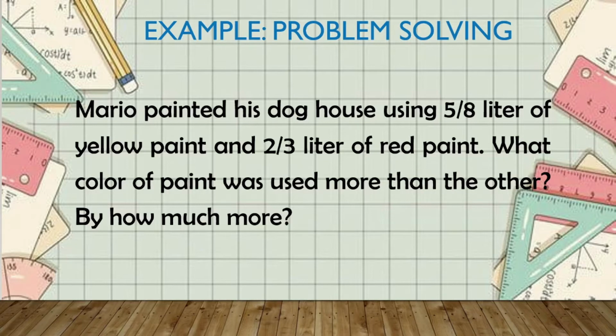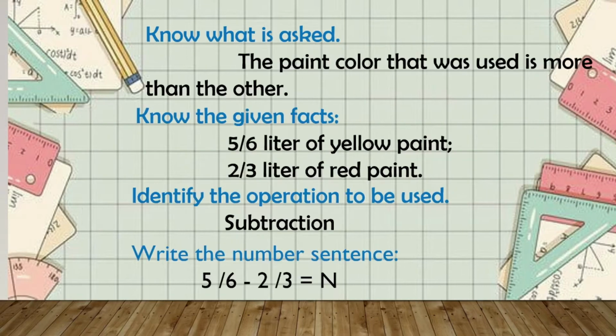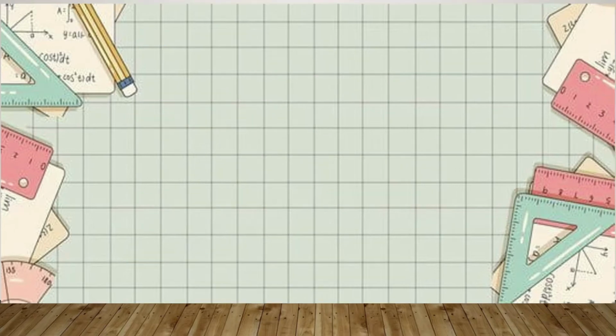What is the difference of the yellow paint over the red paint? Okay? And then, write the number sentence. So, that will be our number sentence: 5/6 minus 2/3 is equal to n. Okay? And then, let us solve. 5/6 minus 2/3 is equal to n.